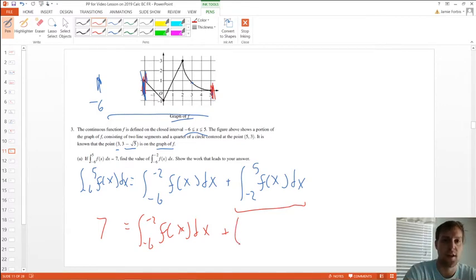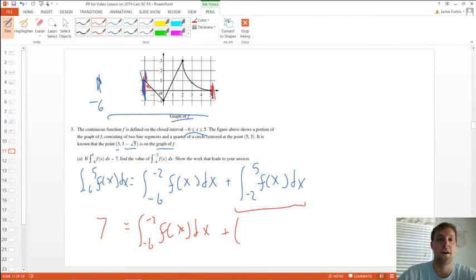I know that this area here and this area here are going to cancel each other out. And this area here and this area cancel each other out. So all of this is gone. So I'm trying to find the area of this square, this triangle, and the region underneath this quarter circle here.